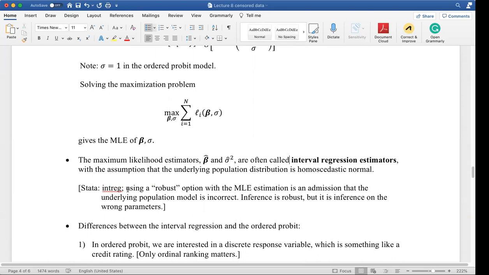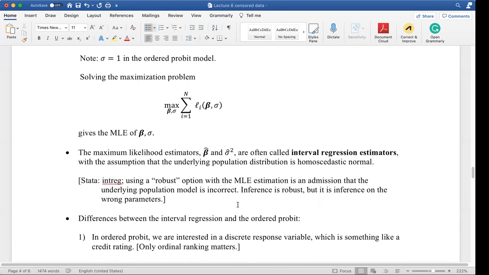Using the robust option with the MLE estimation is an admission for these limited dependent variable models that the underlying population model is incorrect. Okay, so usually it does not work too well for these models. Inference is robust.